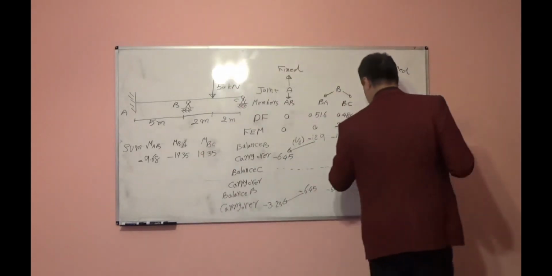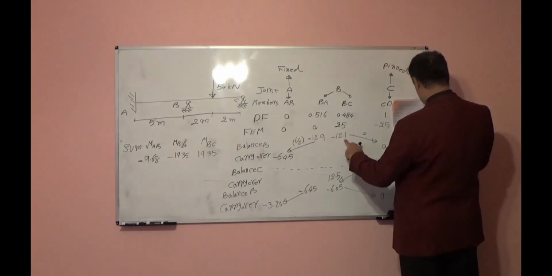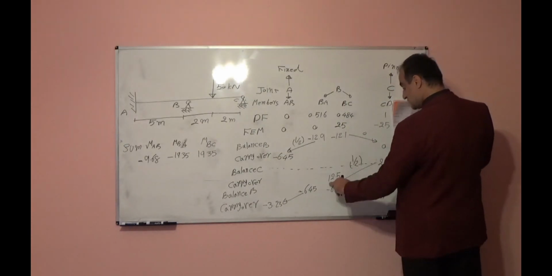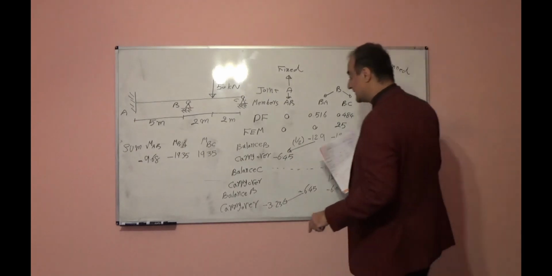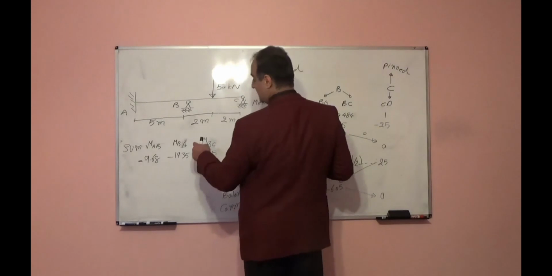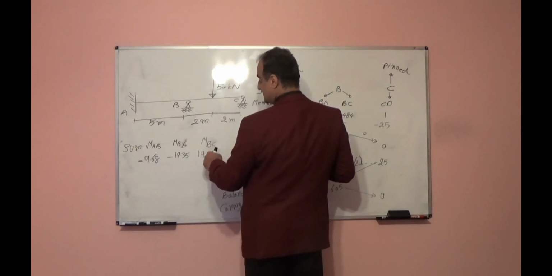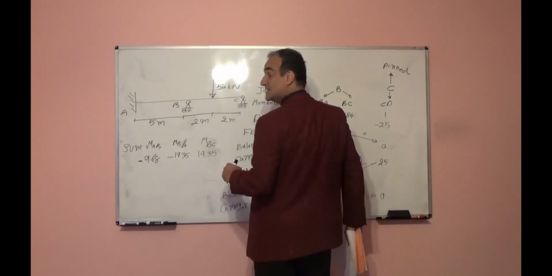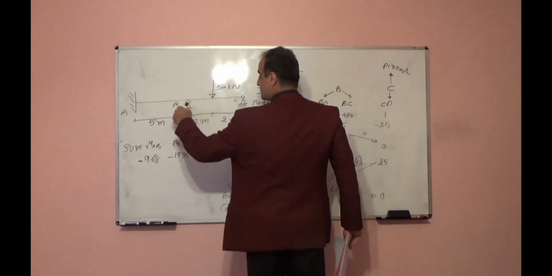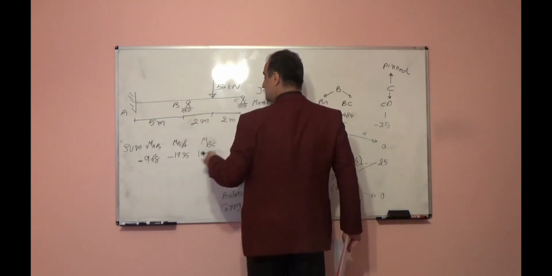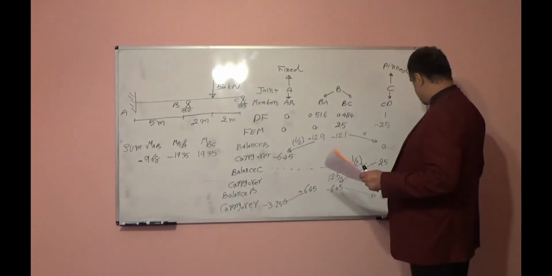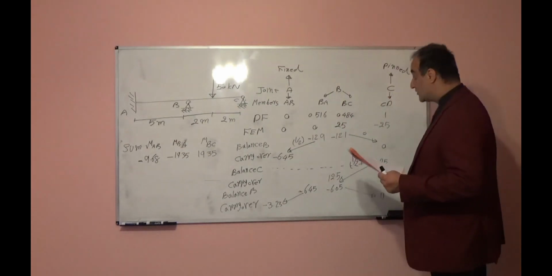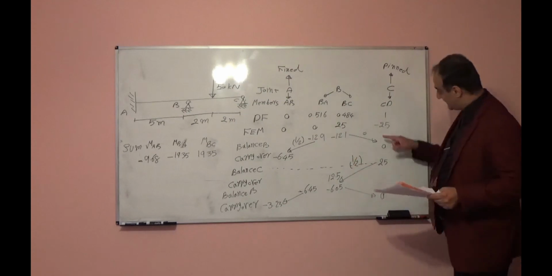So 25 minus 12.1 plus 12.5 minus 6.05, if you add together, you will get 19.35. MBA and MBC should be equal in inverse direction because the summation of moments at a joint should be equal to 0 in order to have that joint in equilibrium. So it is right. Here at joint C, let's see what we have.